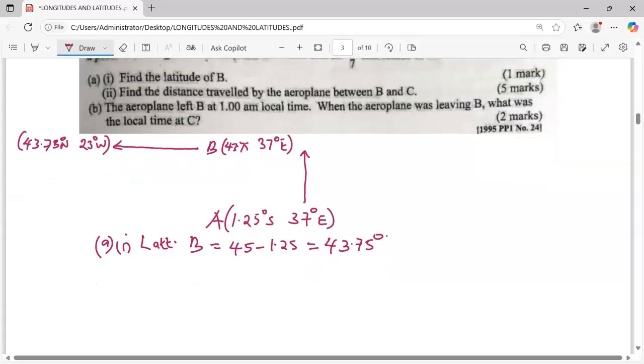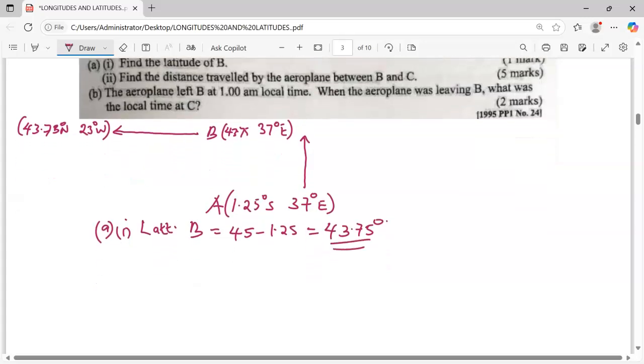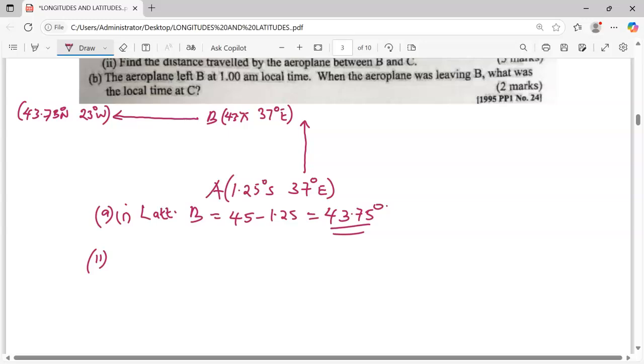So having done that, we can now proceed to Roman 2 of the question. In Roman 2, we are supposed to find the distance traveled by the aeroplane between B and C. Remember, we have B, which is 43.75 degrees north, 37 degrees east.